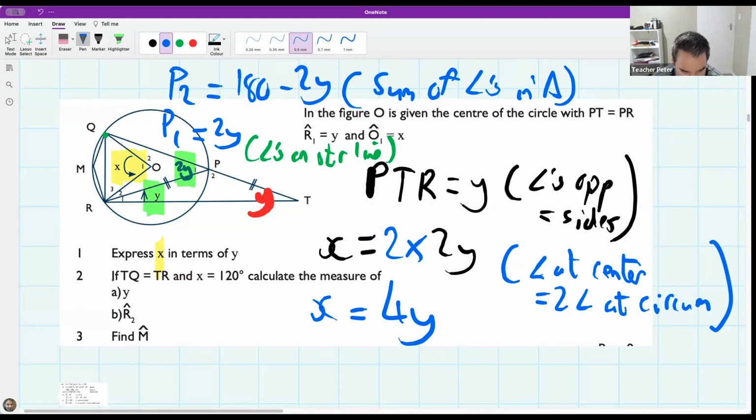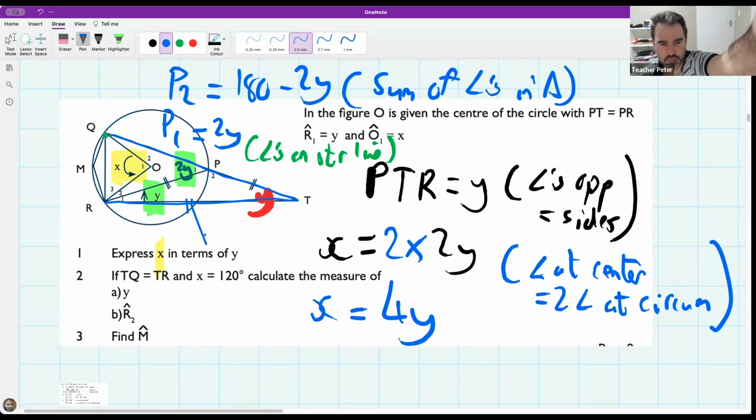So that's the relationship. Now it says, if TQ is equal to TR, so this whole long thing here is equal to this. I'll make it 3 little stripes.